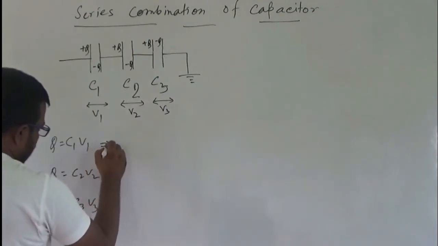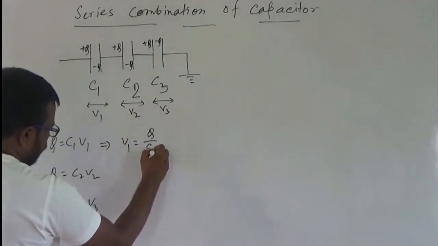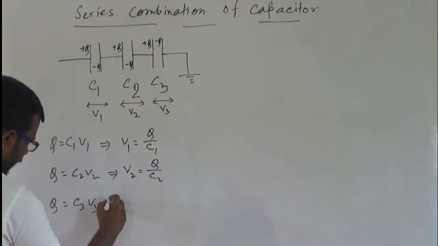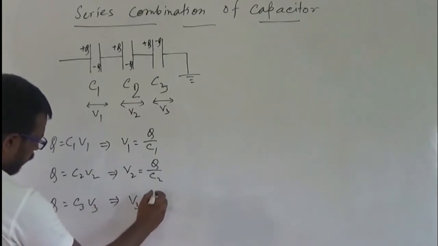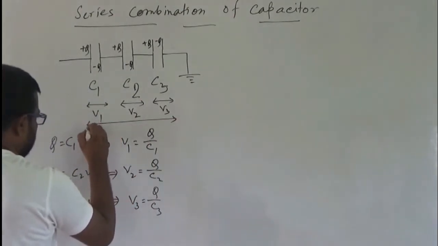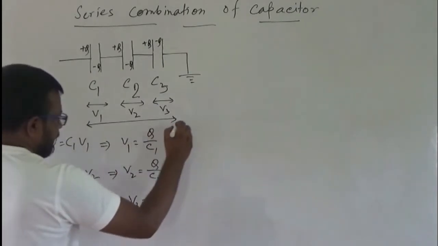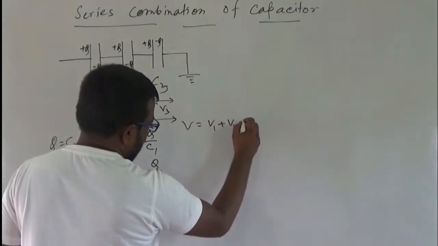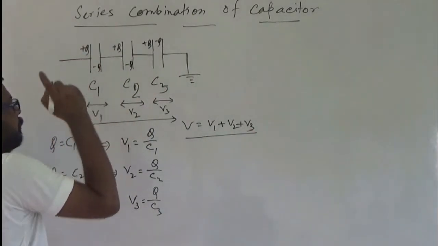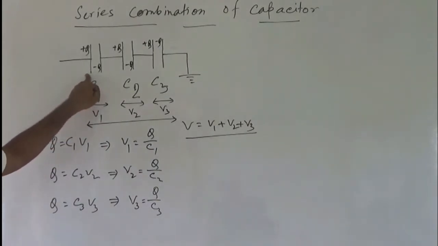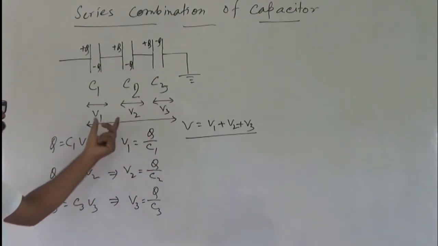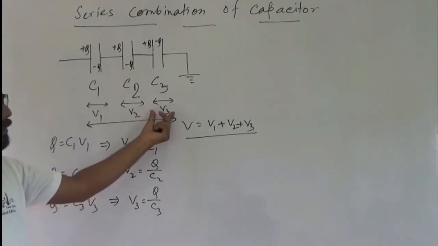From here V1 equals Q by C1, V2 equals Q by C2, and V3 equals Q by C3, and the total potential difference V equals V1 plus V2 plus V3. That is, the potential difference between the first plate of capacitor C1 and the second plate of capacitor C3 is V, which equals V1 plus V2 plus V3.